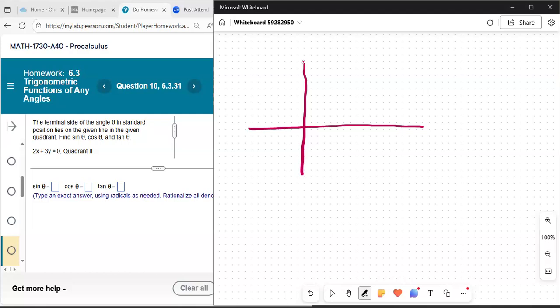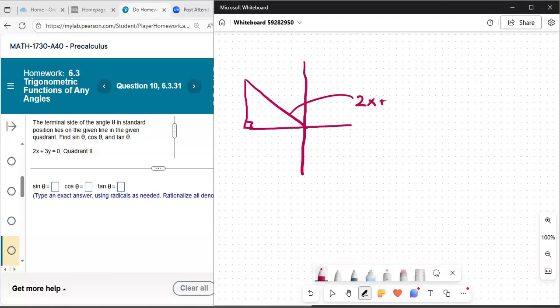It says it's in quadrant 2. So this is the line 2x plus 3y equals 0.